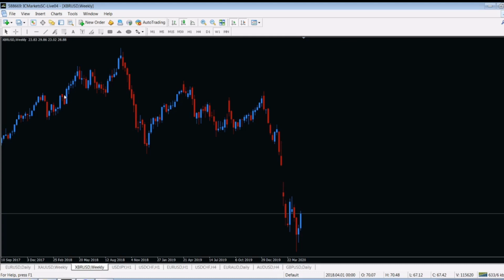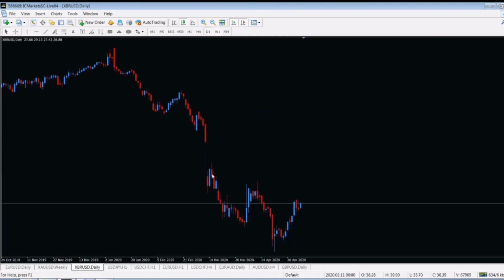So this cut the price from $45 to $36 over a weekend a couple of weeks ago. That's what happened. It was a big gap. This is the gap. Over here, this is Friday, and this one was Monday. And that's when Russia and Saudi Arabia, or OPEC, didn't agree with each other. And that's what happened.